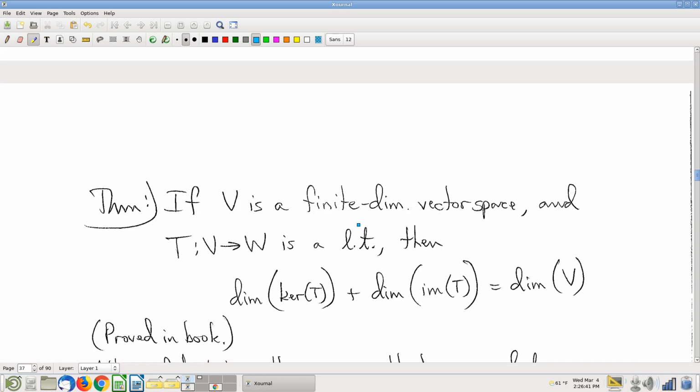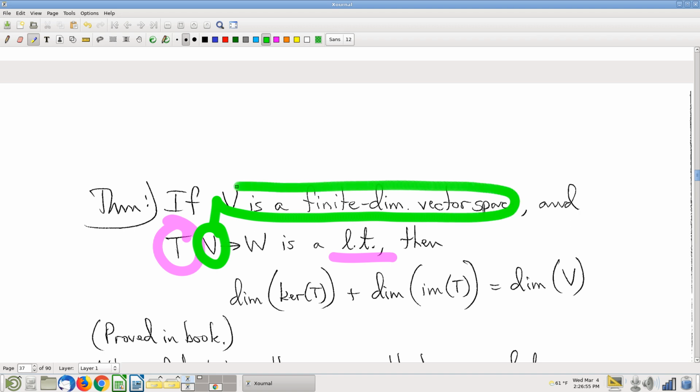Neat fact about linear transformations. If you have a linear transformation, very importantly, little subtlety, your domain has to be a finite dimensional vector space. This just doesn't work otherwise. But if you have a linear transformation on a finite dimensional vector space, then the kernel and the image have a relationship with each other.